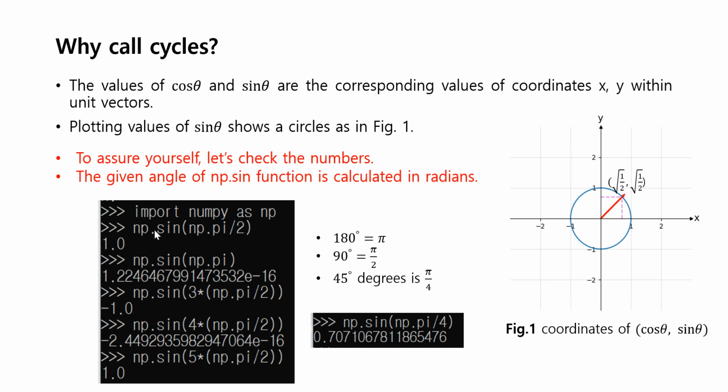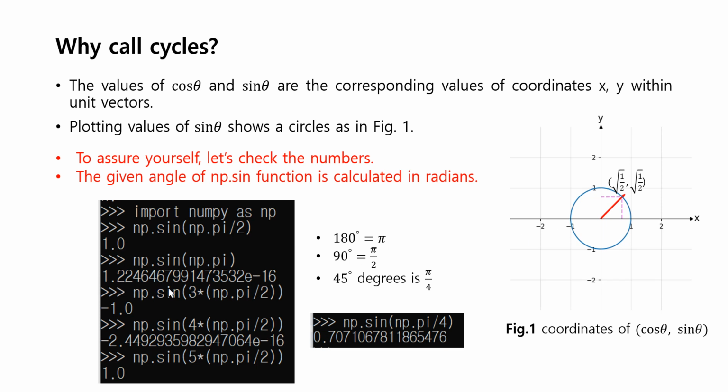And let's check other numbers. The sine function of np.pi over 2, which is 90 degrees: the coordinates are 0, 1, and the y value is 1. And if you check the sine function of pi, which is 180 degrees, the coordinates are minus 1 comma 0, so the y value should be 0.